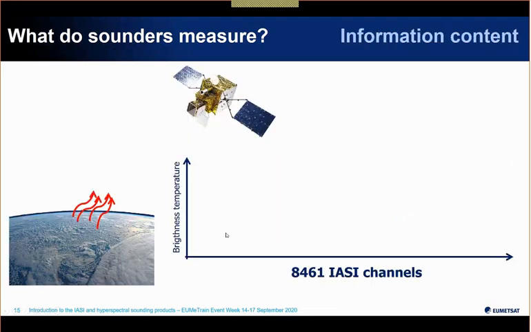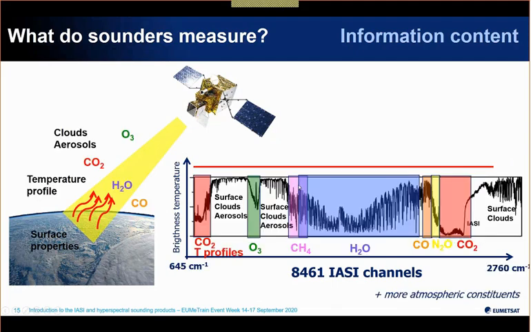If there was no atmosphere and if the surface had no properties, then what IASI would measure is a boring spectrum here. But in fact, there are many things on the way that result in all these spectral signatures here. And the work is to retrieve the profiles of temperature, humidity, and many others from these measurements.